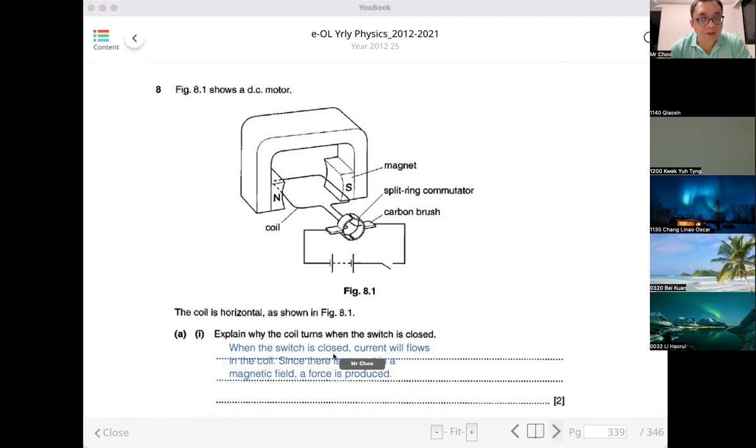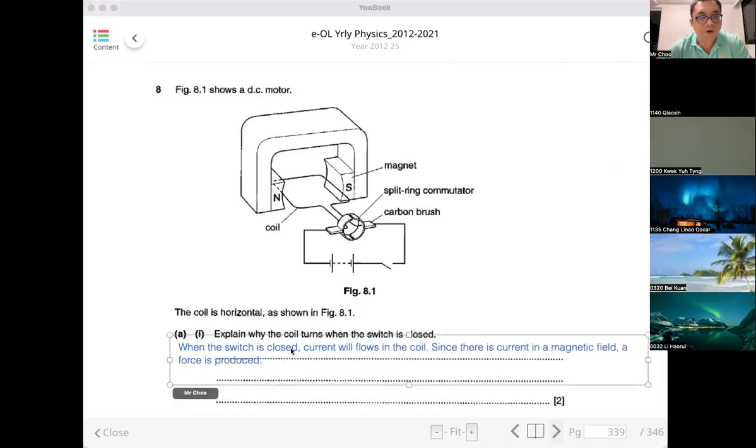Okay, the first part you understand about this: when there is current in the magnetic field, a force is produced. Then you need to explain further.